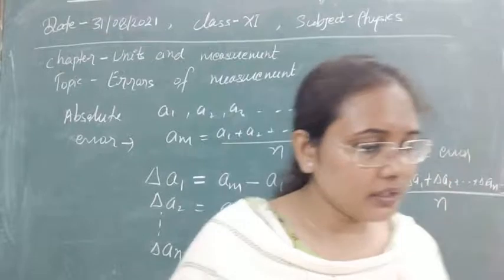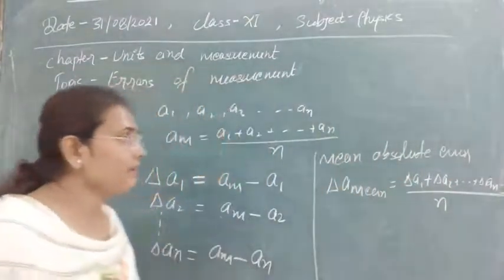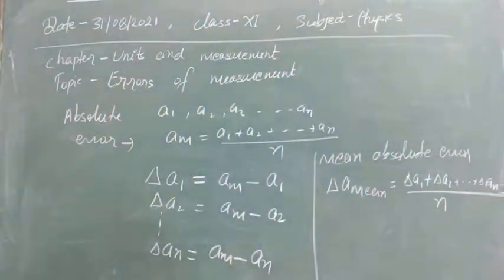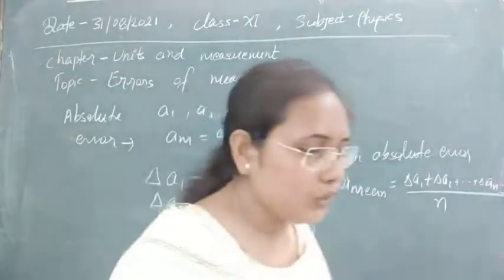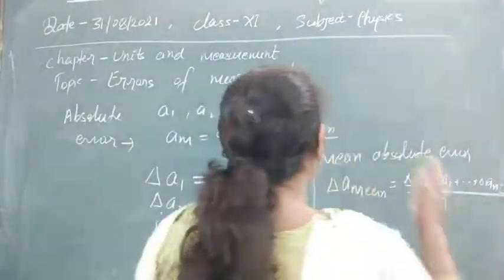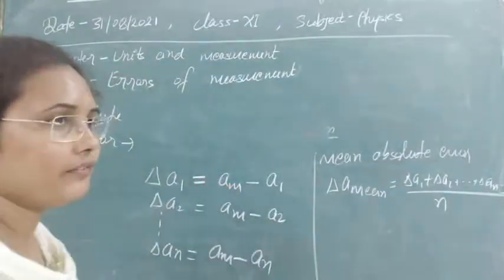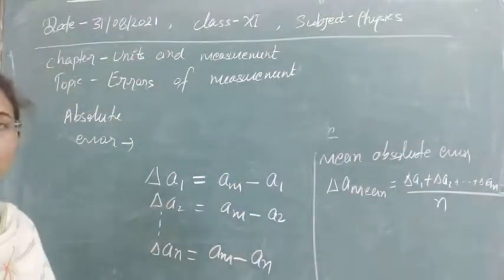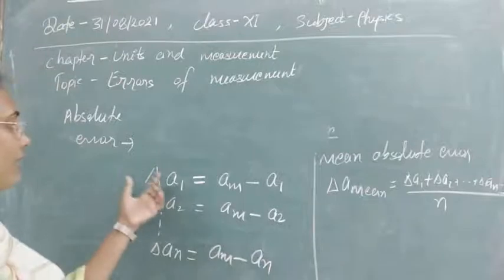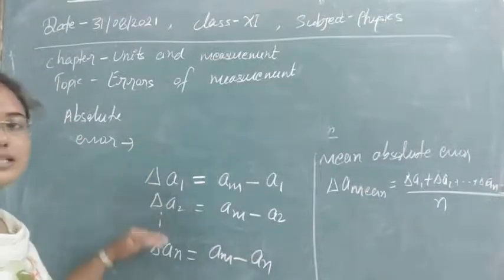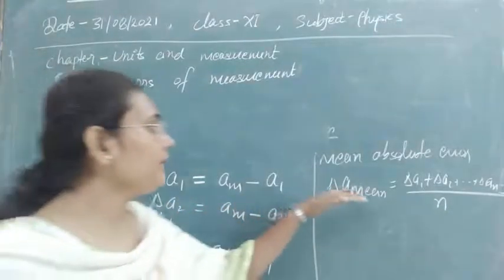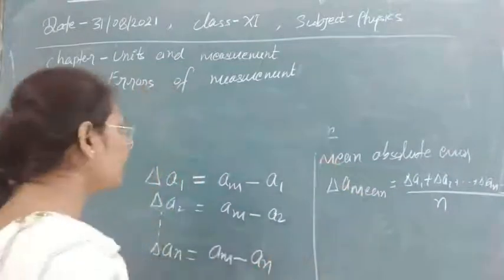Now, to write the final value, that is the true value of any quantity you have measured, you have found the individual errors, the mean error, and the mean value A mean.